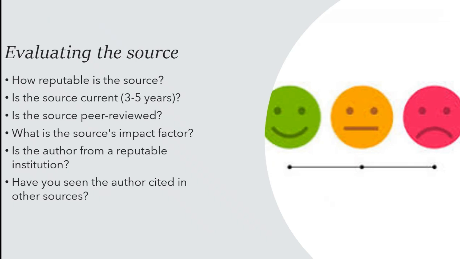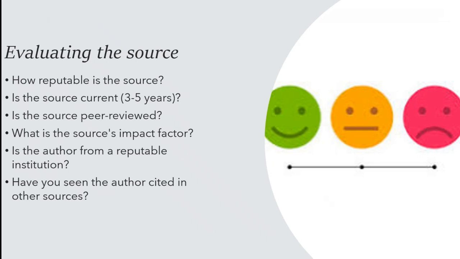Then, is the author from a reputable institution? And have you seen the author cited in other sources? So that will also give you an idea in terms of discourses and critical voices and the quality of potential articles.